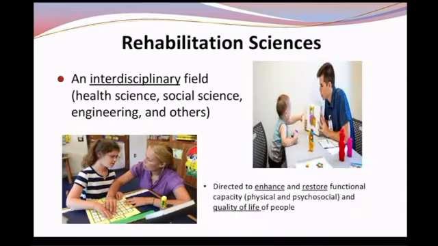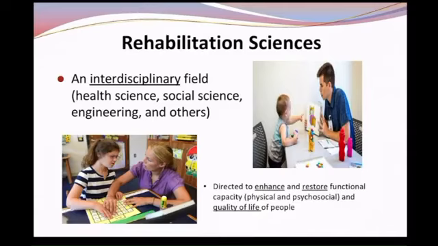So since this is an interdisciplinary field of health sciences, social sciences, engineering, and others, we need coordination from each of these professions. So, in our college, rehabilitation science careers include a variety of interdisciplinary fields focused on improving the lives of people living with disabilities.